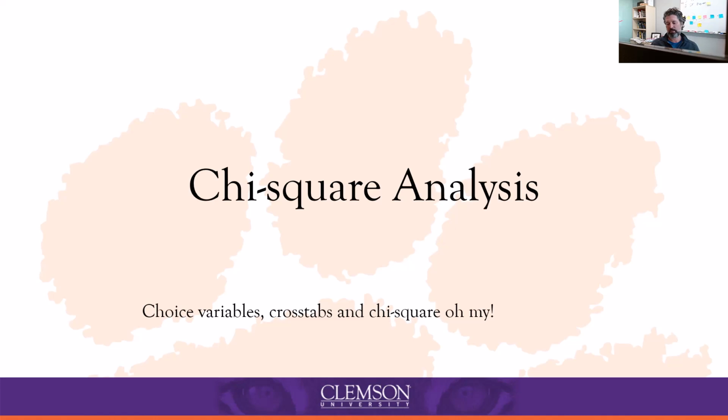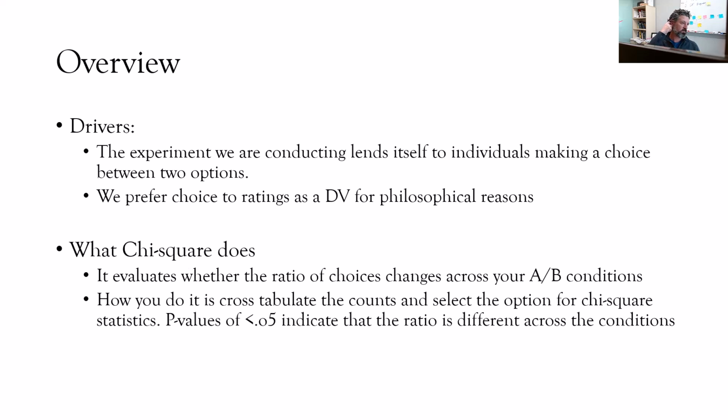Chi-square analysis. So you may have seen a chi-square analysis if you took data analytics and did pivot tables or crosstabs. So the situation that would drive use of chi-square is if you have a dependent variable that is a 0-1 variable. So typically like a choice variable. I picked it or I didn't pick it.